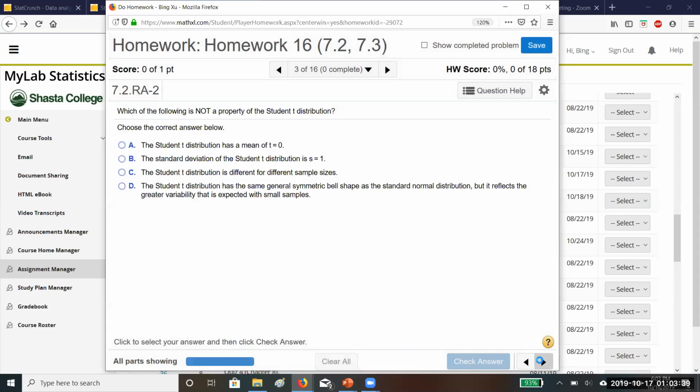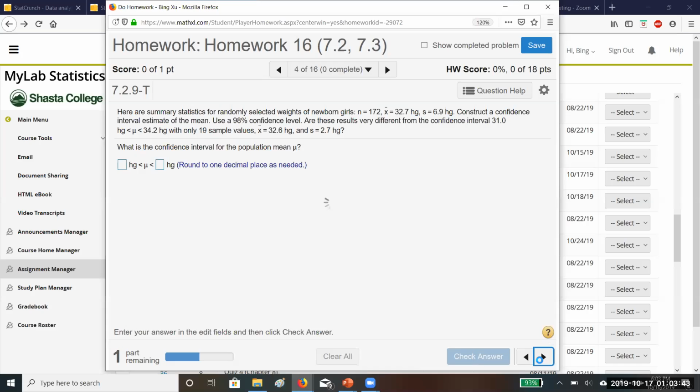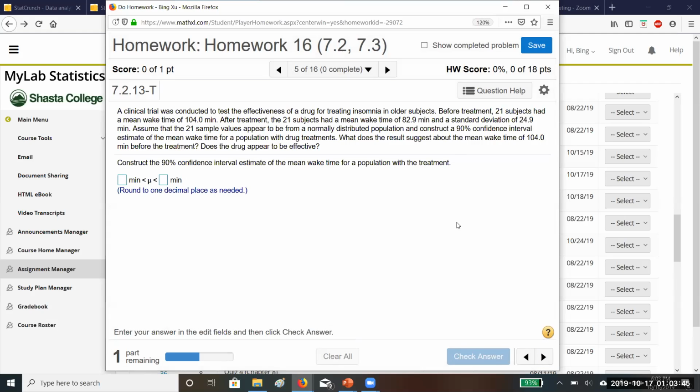This is all like definition, definition, definition. Okay. Take this one, for example. A trial was conducted to test the effectiveness of a drug for treating this disease. Before treatment, 21 subjects had a mean wake time of this many minutes.